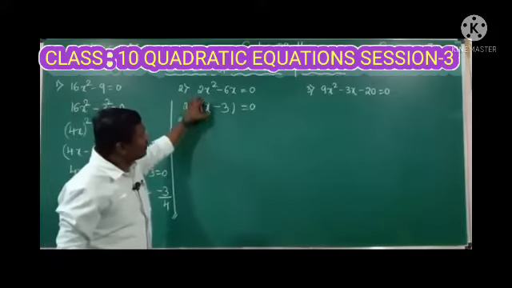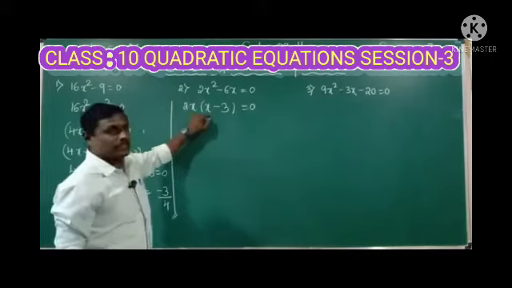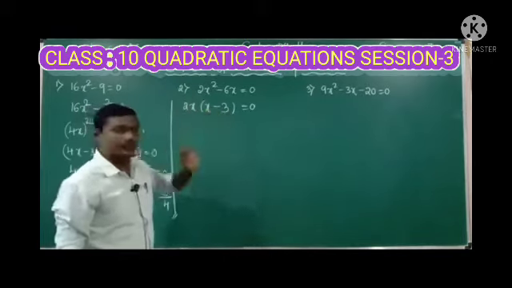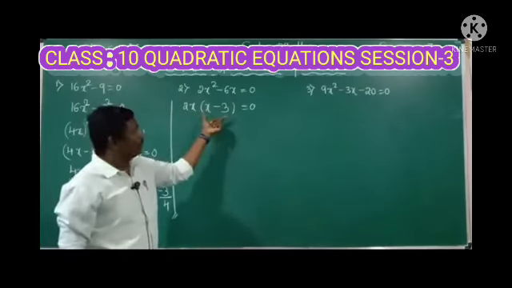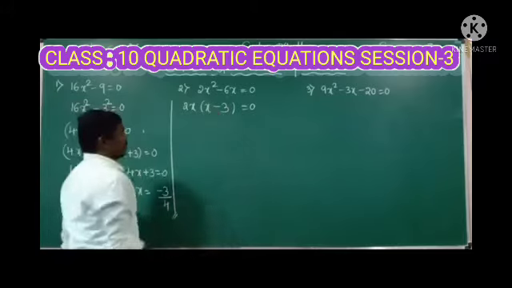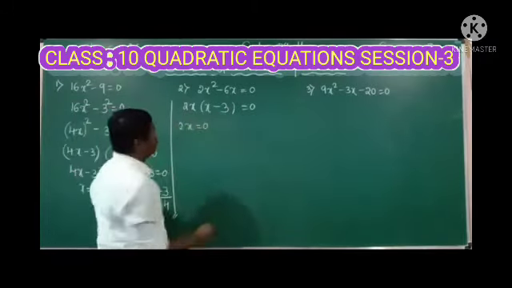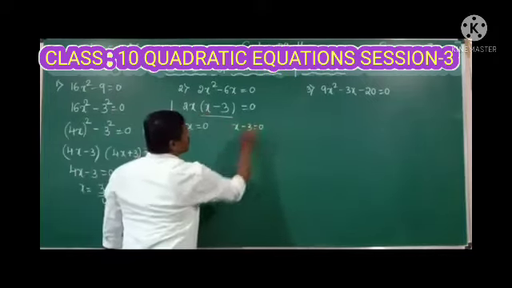Just check whether the common term we took is correct or not. 2x into x is 2x square, 2x into minus 3 is minus 6x, right? So 2x into x minus 3 is equal to 0. Now 2x is equal to 0, and the other term is x minus 3 is equal to 0.